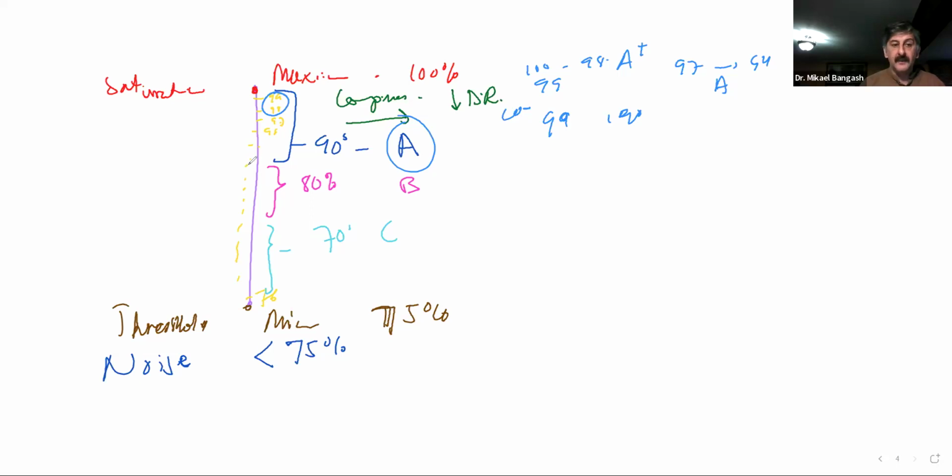Anybody who got anything between 89 to 80% was B. But they could have been a B plus, because they got in the higher 80s. They could have been a plain B if they just got in the middle 80s, or a B minus if they got in the low 80s.